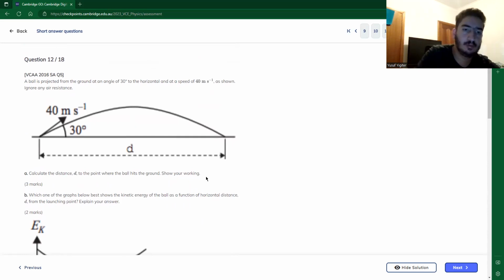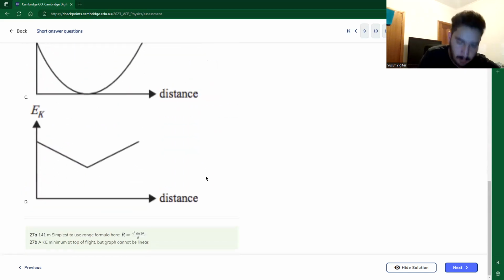D equals V squared sine 2 theta, divided by 9.8. That's for horizontal projectile motion.